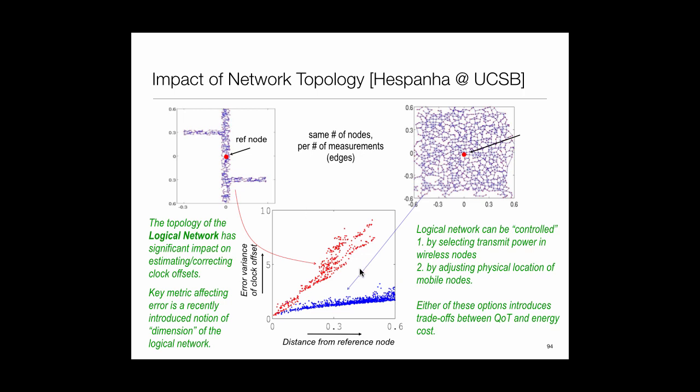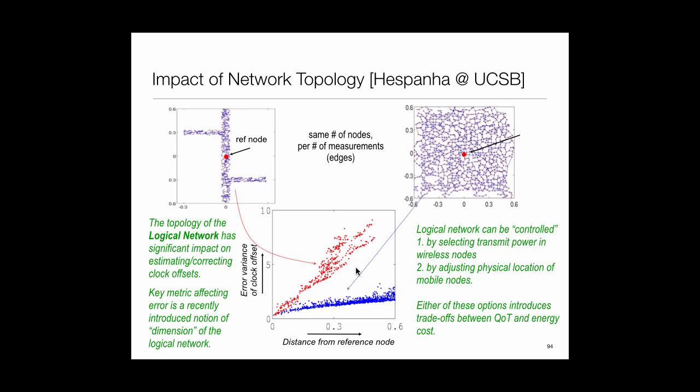The two graphs, which otherwise have identical characteristics other than their topology, end up having very different characteristics. So network topology matters. In some cases, network topology may be something you can control, because you may, for example, spend more power to communicate over a longer distance. In other cases, the topology may be given to you, but maybe you can say something about how well you are going to do. So topology matters. Go ahead.